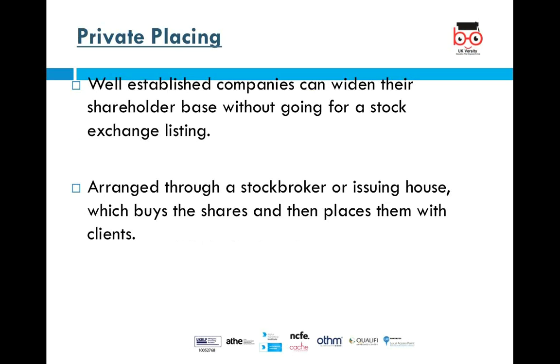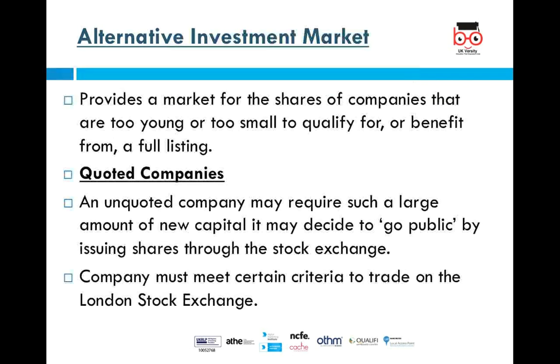There is another way to source finance: private placing. Well-established companies can widen their shareholder base without going for a stock exchange listing, a kind of venturing, arranged through a stockbroker or issuing house which buys the shares and then places them with clients, bypassing the stock exchange market, or they can go directly to brokers and dealers for placements.